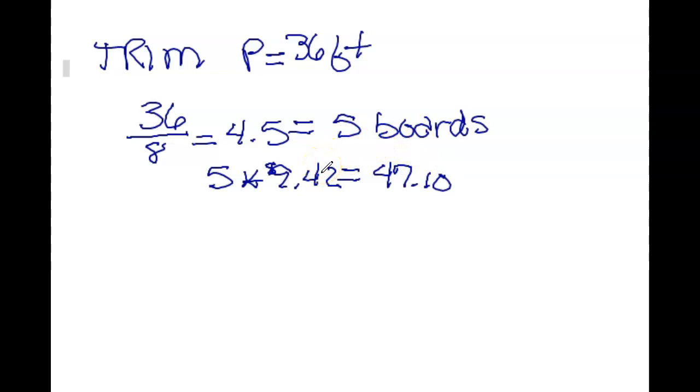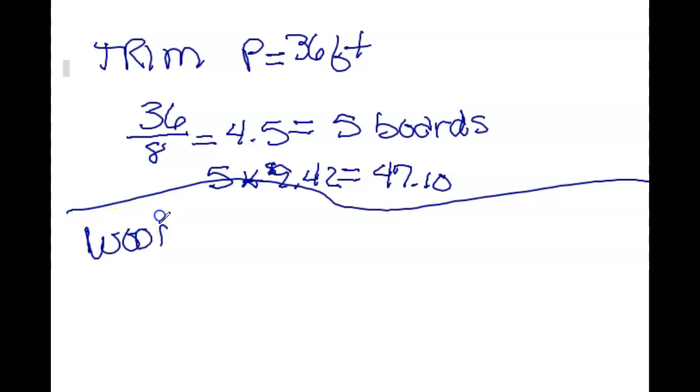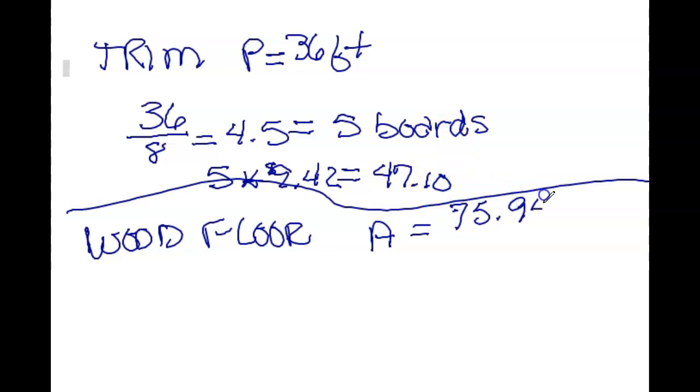$47.10. Now, if I were looking at wood flooring, you want to notice that it tells you that the cases are 24 square feet. So let's pretend I'm going to use wood floor instead of tile. I'm going to use my area again, and the area of my room was 75.94 square feet.